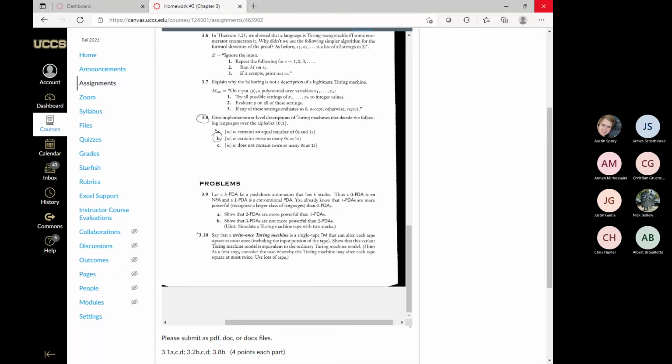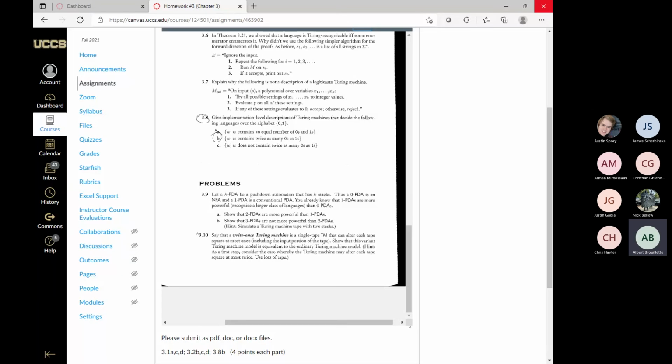But it should be fairly straightforward, right? Think about if you're doing it with a PDA, how would you do it? Every time you see a 0, you push it on. Every time you see a 1, you pop it off, right? And so that would eventually, if they were equal, work. But every time you see a 0, what is it trying to do?